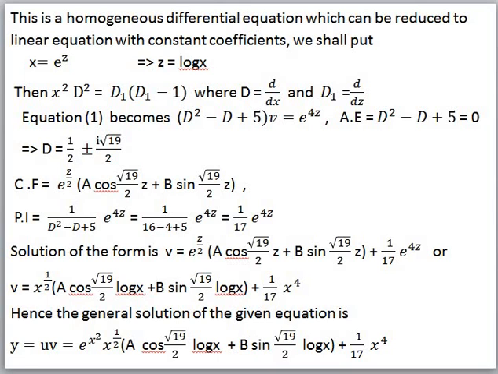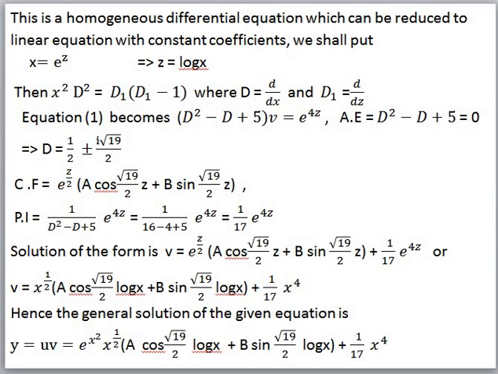The solution is of the form v is equal to complementary function plus particular integral. So v is e^(z/2)(a cos(√19 z/2) plus b sin(√19 z/2)) plus 1/17 e^(4z). We know that z is log x.